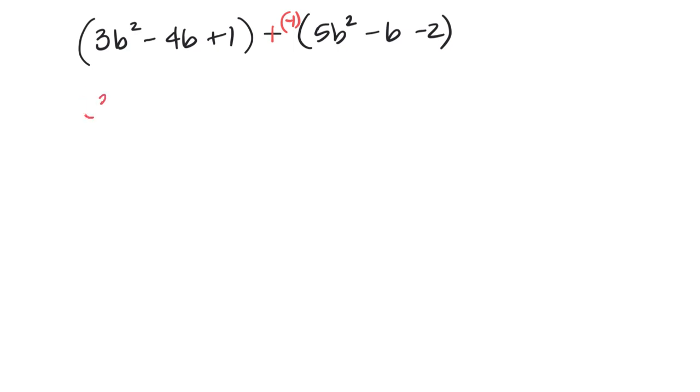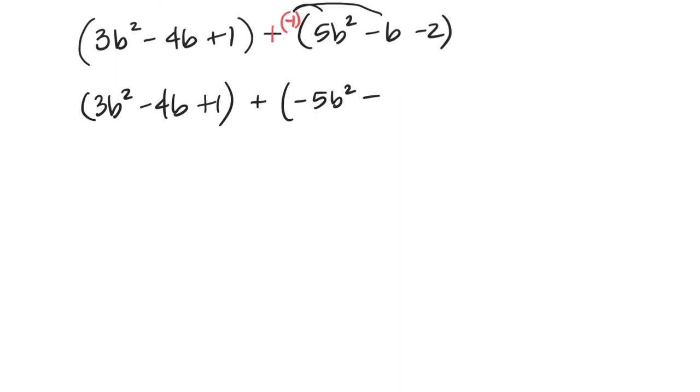So we've got 3b squared minus 4b plus 1, and then plus, so negative 1 times 5b squared, that's going to be negative 5b squared, and then negative 1, or I should say this is minus, and then negative 1 times b is negative b, and then minus, and then negative 1 times 2 is negative 2.